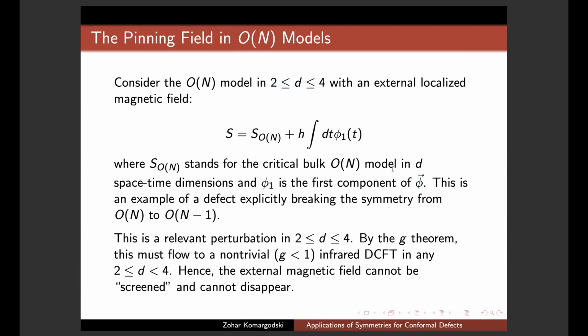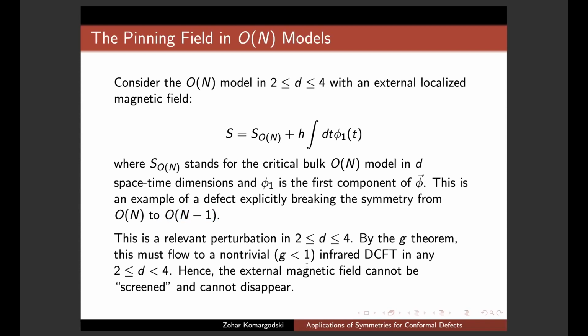So this particular line defect breaks the O(N) symmetry explicitly to O(N-1), since we have chosen a direction for the magnetic field. So this will be in one of the situations we discussed before. Another thing is that this is a relevant perturbation. So by the G theorem that we discussed before, G has to be smaller than 1, because G in the ultraviolet is 1.